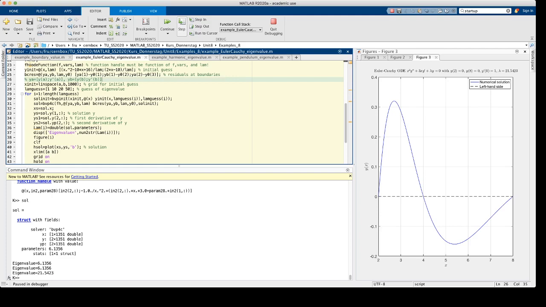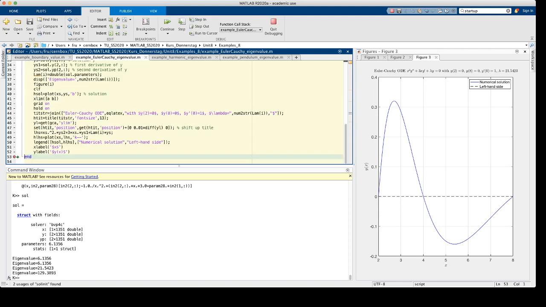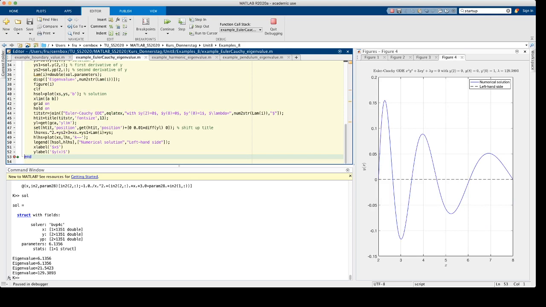Right, next guess, the final guess is 50. What do we see with a guess of 50? We find again another eigenvalue, about 130, 129.4, and the eigenfunction turns out to be an oscillating function of x.